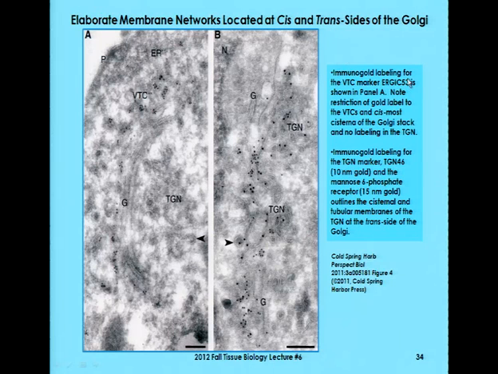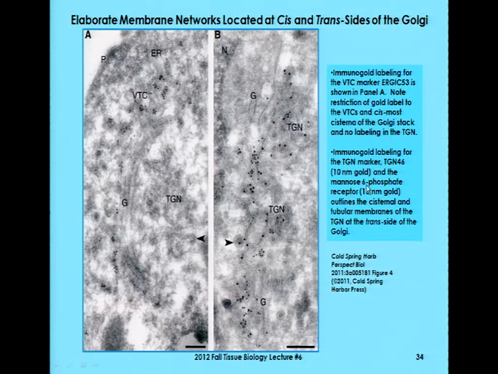So that provides us a way of distinguishing the cis side of the Golgi. Now, on the other hand, if you want to distinguish the membrane networks along the trans-Golgi network, you can do immunolabeling for a trans-Golgi network marker called TGN46.